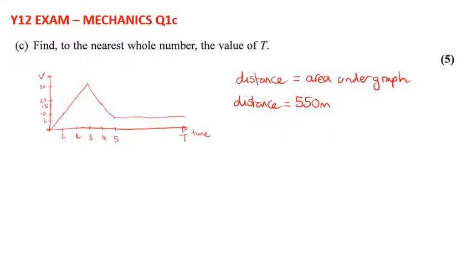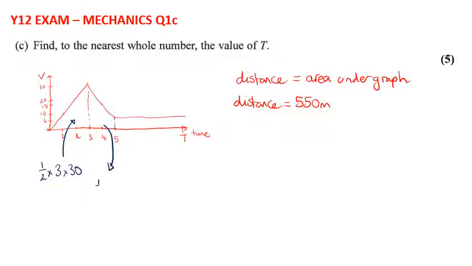So now I've got a little job to do to work out the area under this graph. So I can split it into different shapes. The area of that section there, got a triangle, half times base times height, so a half times 3 times 30. I've now got this area here, which is a trapezium.